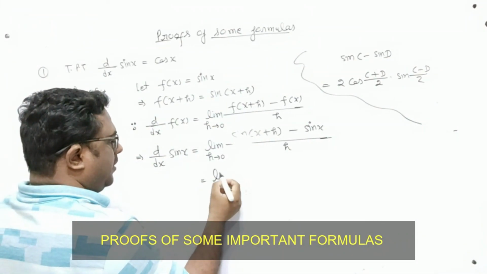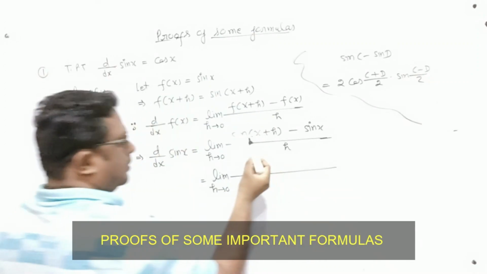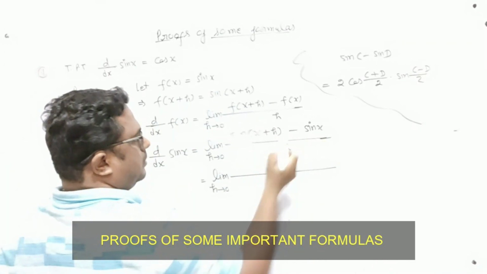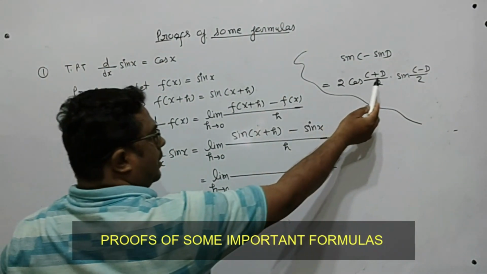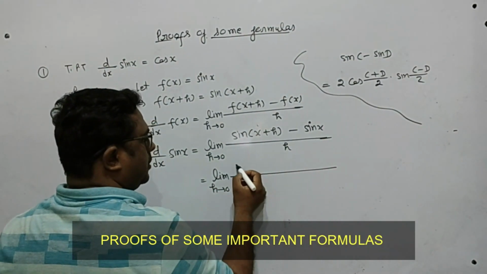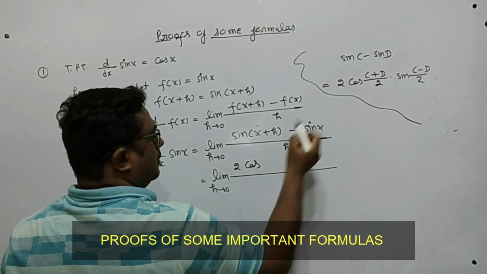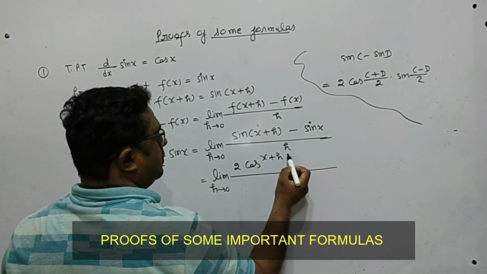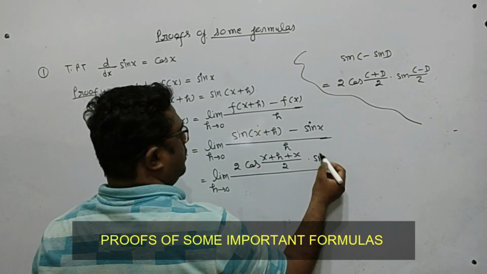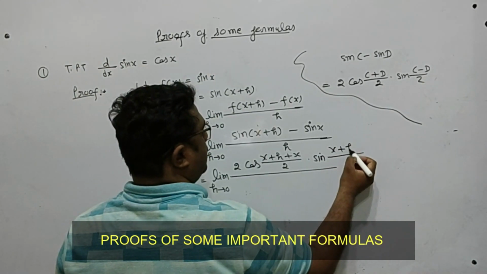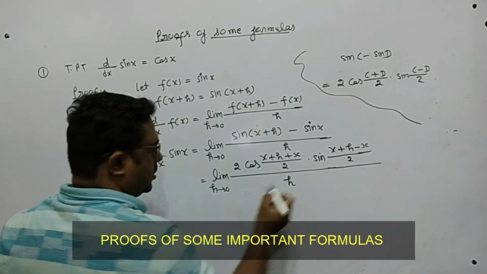Equal to limit h tending to 0. It is C and it is D. So in this formula, in place of C, take x + h, and in place of D, take x. So what comes? 2 cos((x + h + x)/2) into sin((x + h - x)/2) and whole upon h.